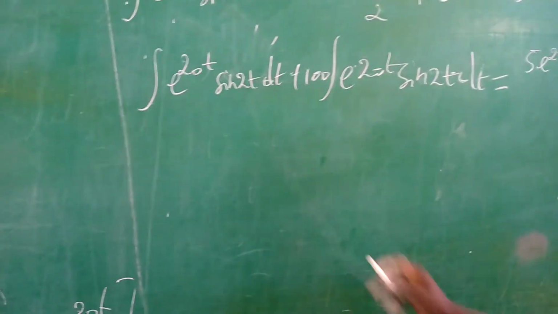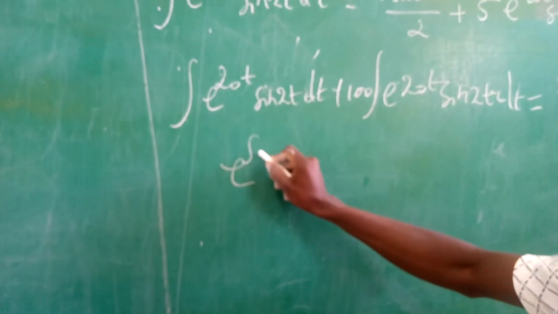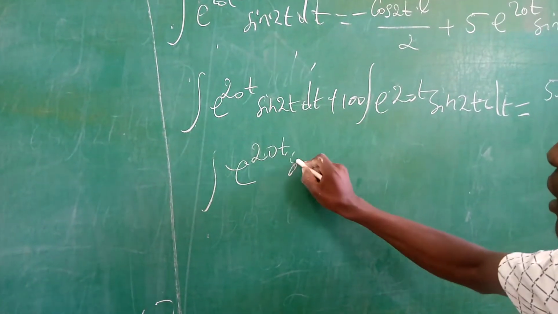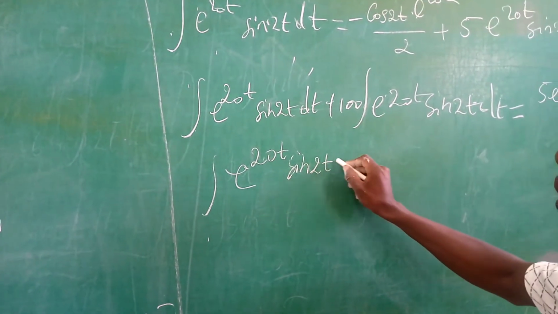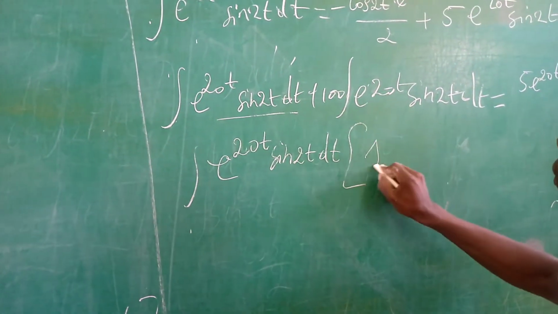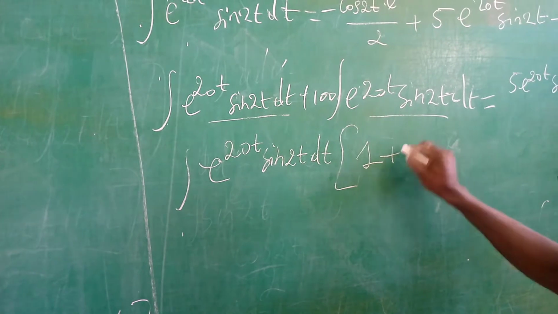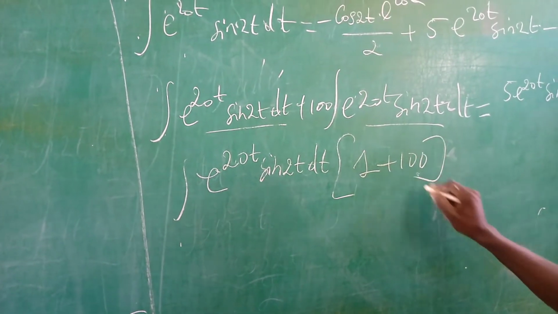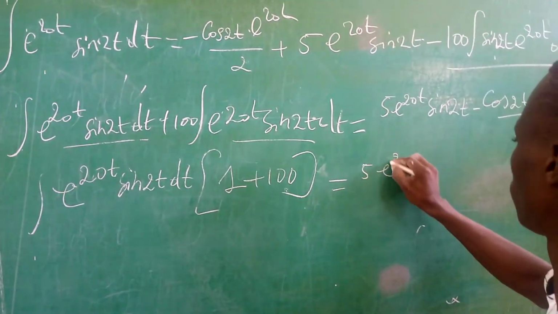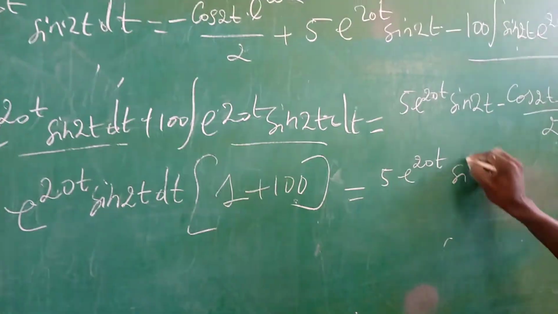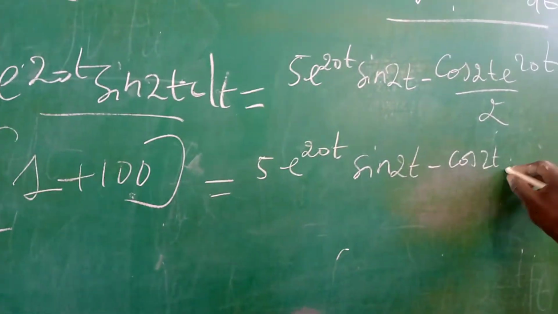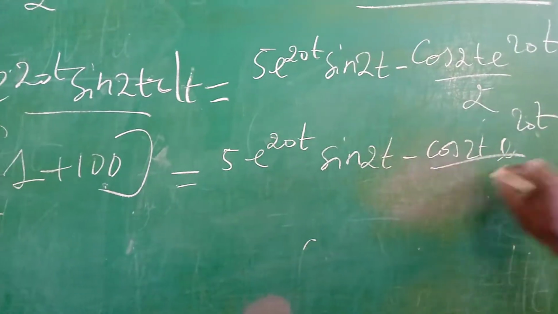Then we remain with the integral of e^(20t) sine 2t as the common factor, with 1 and 100, which is 101, equal to 5 e^(20t) sine 2t negative cosine 2t e^(20t) over 2.